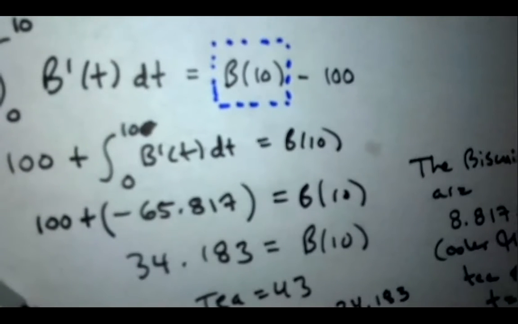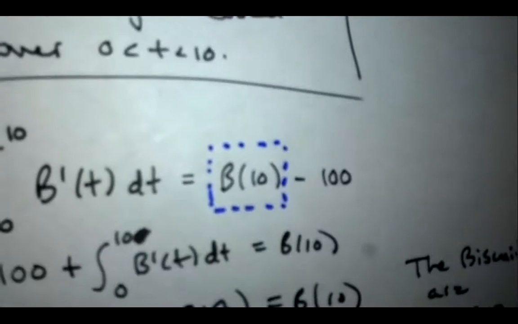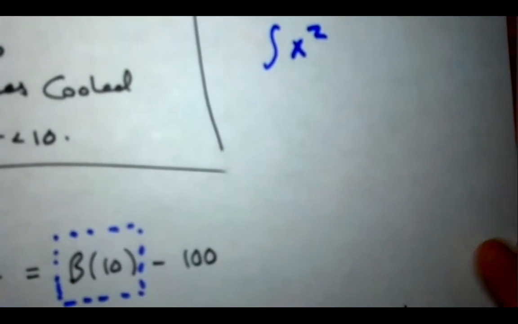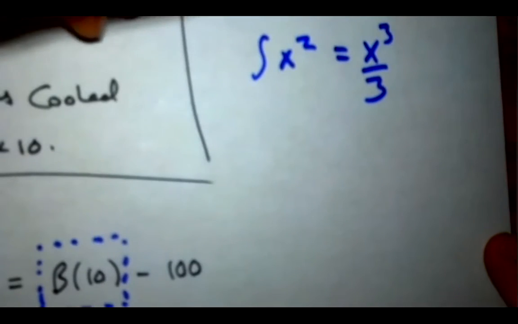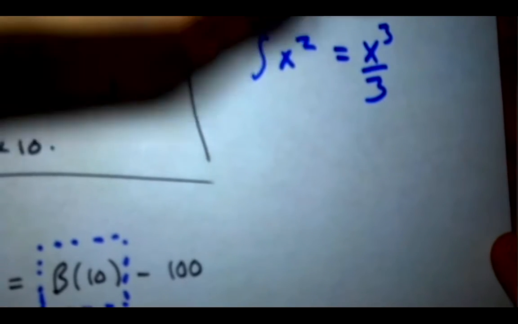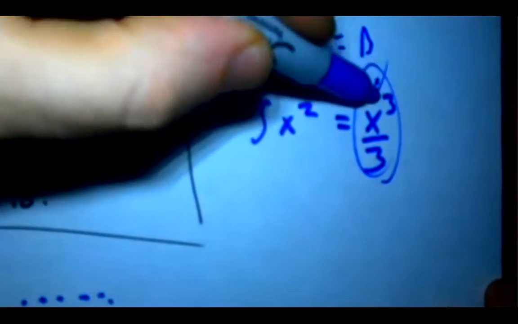Yeah, I thought I would go back and find the original form of the biscuits equation. Now, yeah. Now the thing is that if you actually integrated the formula and got a real formula, like if you went from x squared to x to the third over 3, and this was really going from B prime to B, and then you knew that was B, then you could just toss in a 10 there and you're fine.